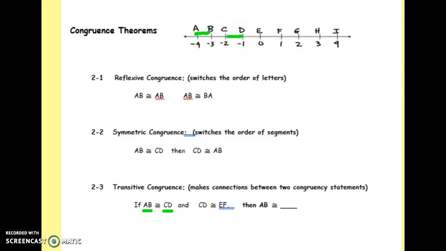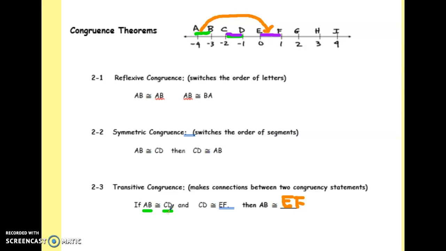And CD is the same distance or the same length as EF. They're all a distance of 1, right? So the very last part makes connections, again, between the very first line segment. AB also must be the same distance or length as EF because they're all a distance of 1. So again, you're making connections between 2 congruency statements.